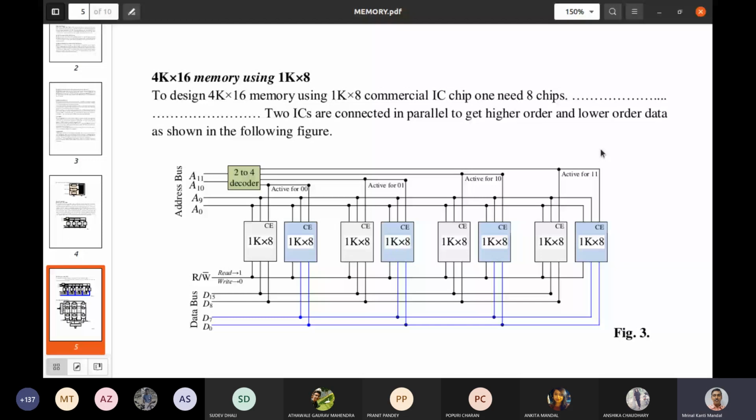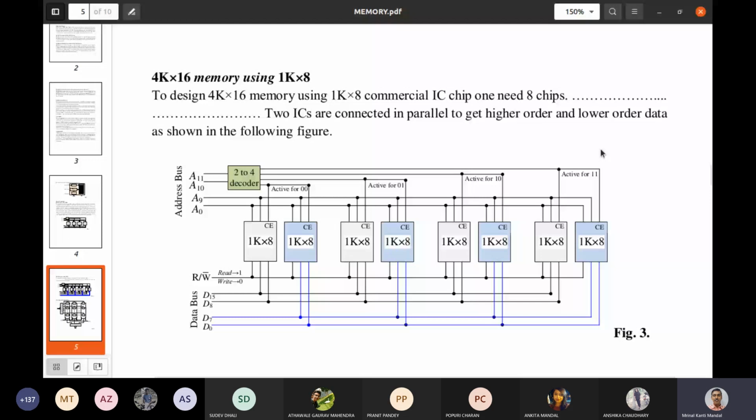So 2 ICs you need to use to contain 16 bit. Right? So 2 ICs can be connected in parallel, so that one IC will give you lower order data and another IC will give you higher order data.